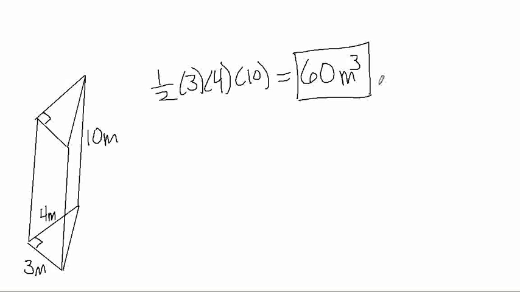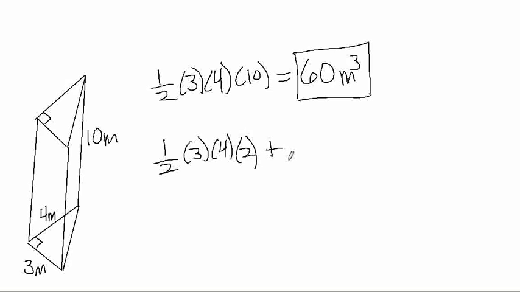Okay? Now for the surface area, we're going to add the areas of all the faces. So the areas of the bases are each 1/2 times 3 times 4. And we have 2 of those, so I'll multiply by 2.